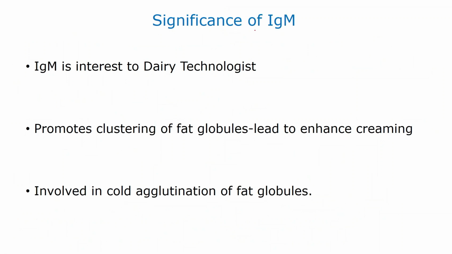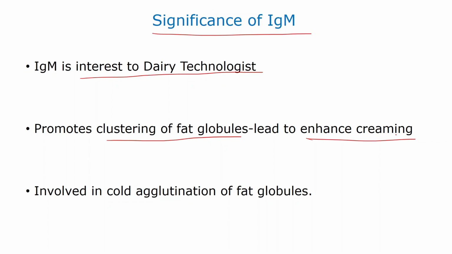Now, the significance of IgM: as I have told you, it is the immunoglobulin of the greatest interest to the dairy technologist. Why? Because it promotes the clustering of fat globules, leading to enhanced creaming. How? IgM has different antigenic sites which bind to different epitopes of the fat globules, thereby causing networking, increasing the size of the fat globule, and may also cause aggregation.